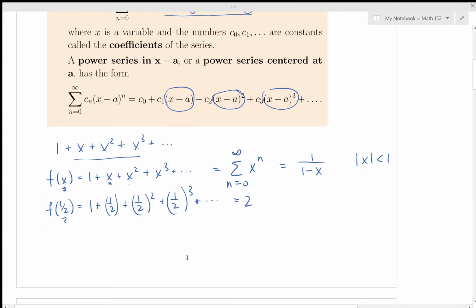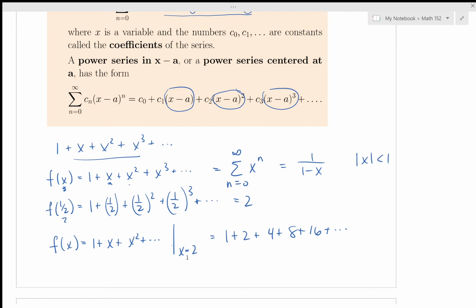I could, of course, take this function, f of x equals 1 plus x plus x squared plus ... and I could evaluate it at x equals 2, which would look like this: 1 plus 2 plus 4 plus 8 plus 16 plus ... and then we would conclude that that diverges, and then it wouldn't make sense to have this description of the function be valid in the normal sense of converging at x equals 2.